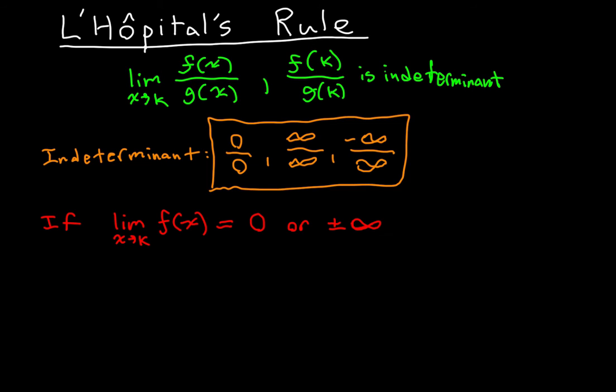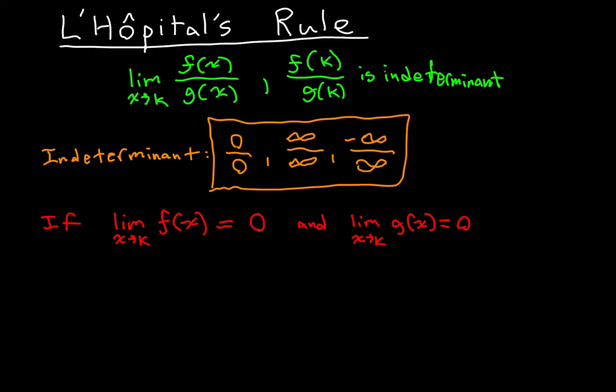Well, I think there's a better way of expressing this, because I do want to separate these out a little bit. So basically, if the limit as x goes to k of f of x equals 0, and the limit as x goes to k of g of x is equal to 0, then there's one more condition, then something magical happens.